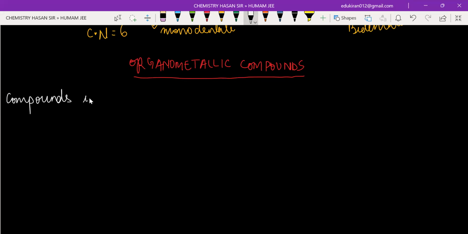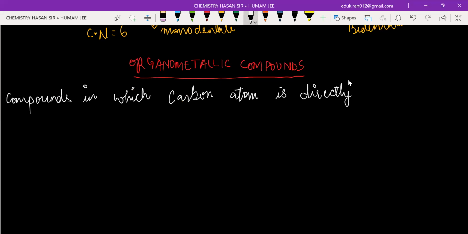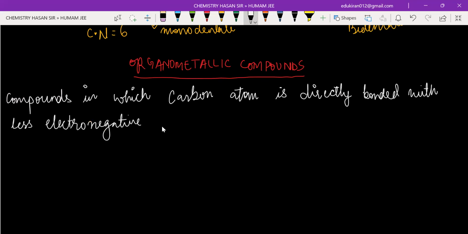Compounds in which a carbon atom is directly bonded with a less electronegative element, or you can say carbon directly connected with a metal sometimes.